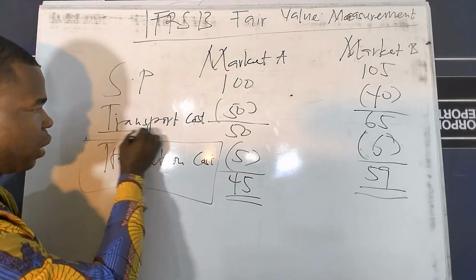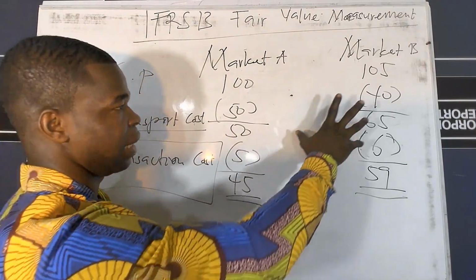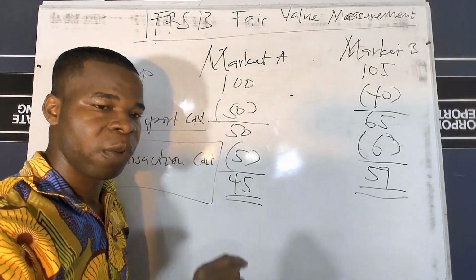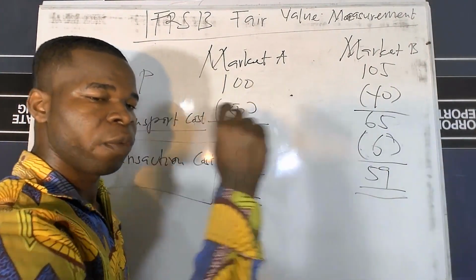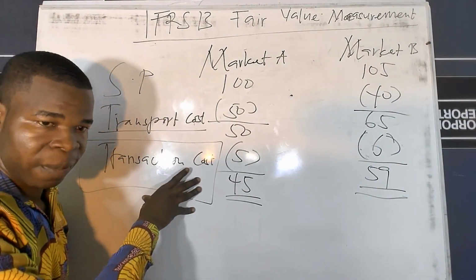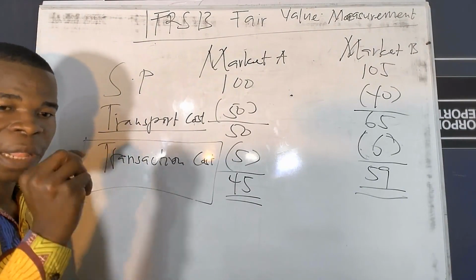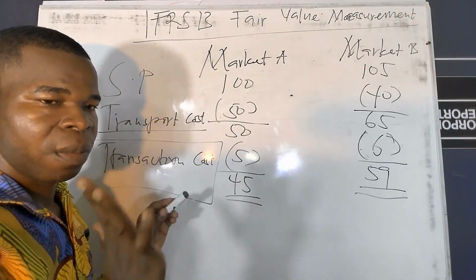We only consider transport costs. The same way, if we are determining the fair value in either the principal market or the most advantageous market, we only consider the transport cost but not the transaction cost. These two costs are there to help us determine which of the markets is the most advantageous market.